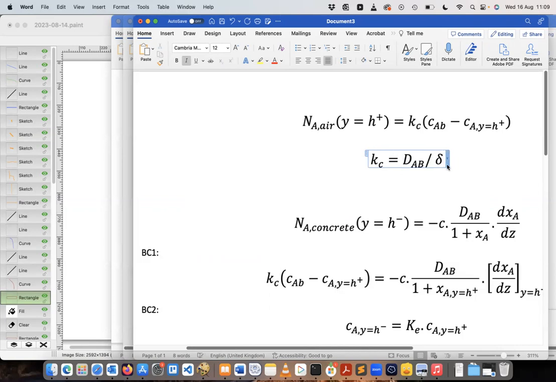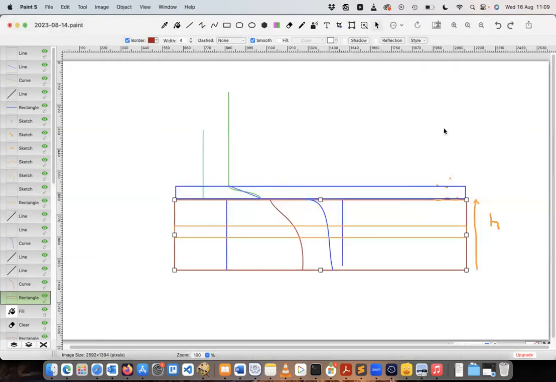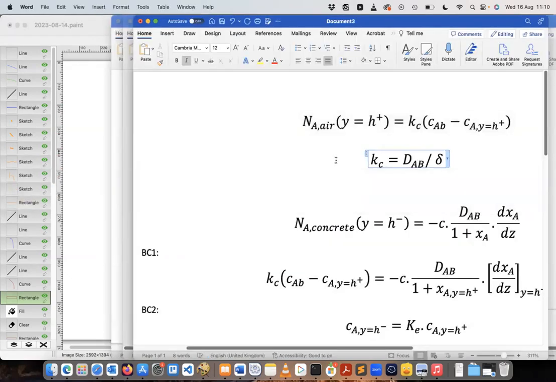Take our diffusivity divided by the film thickness. It was about 2.5 millimeters, and DAB was given. So that gives us Kc. Then we want to multiply that by the difference between these two. CAB, if we look at our drawing here, is the bulk concentration of water in the air, which is about 0.02.